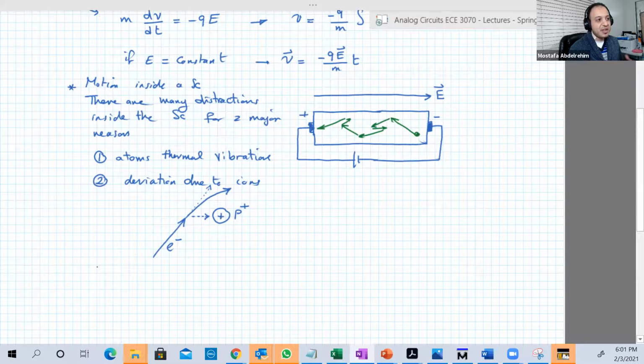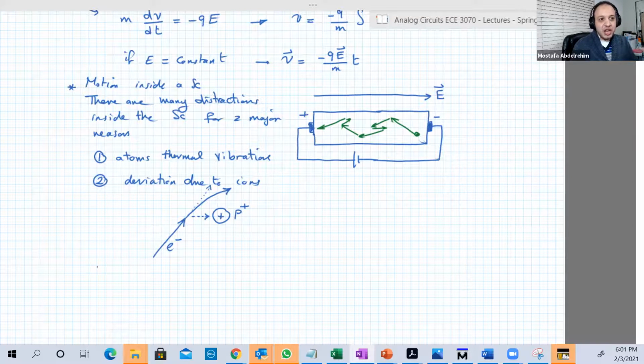So now we have charges that are moving, but they will be distracted. But at the end, there will be a net velocity, and this velocity is opposite to the direction of the electric field, from negative to positive.